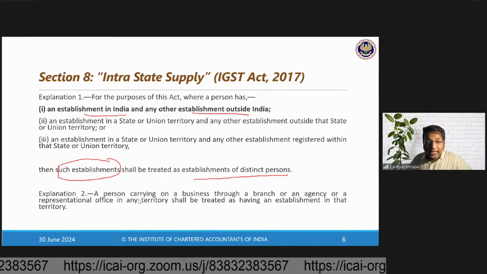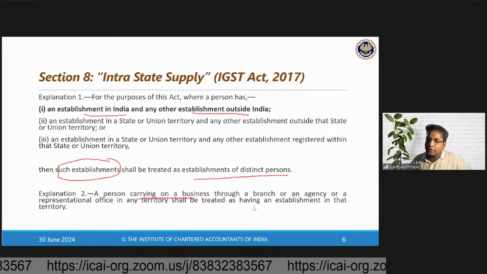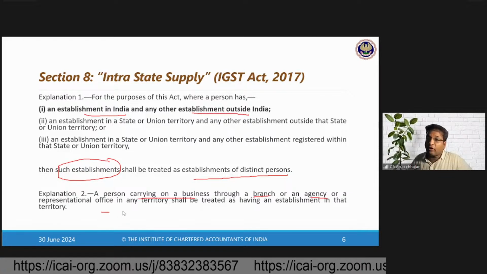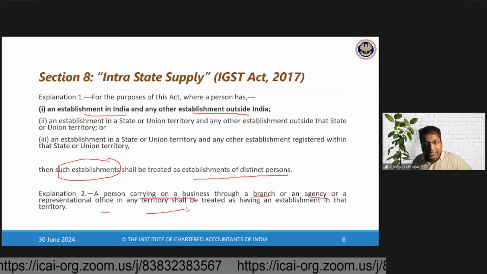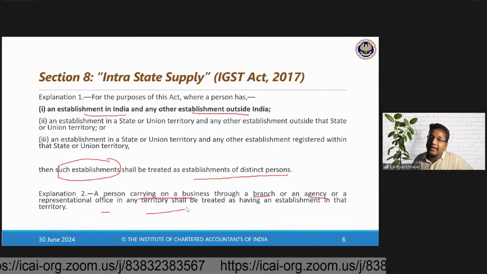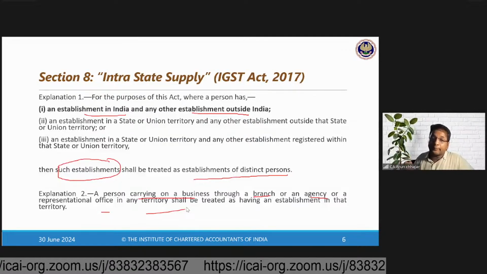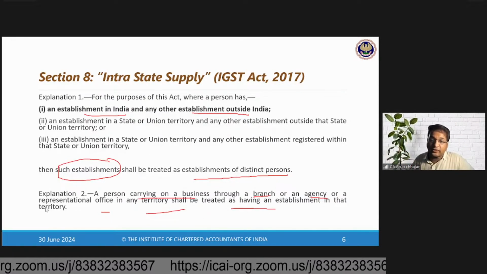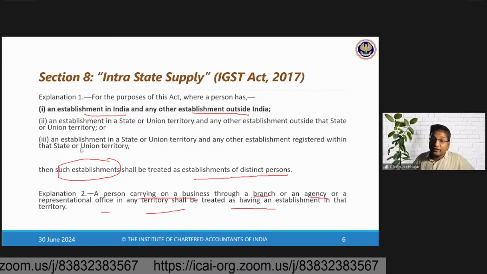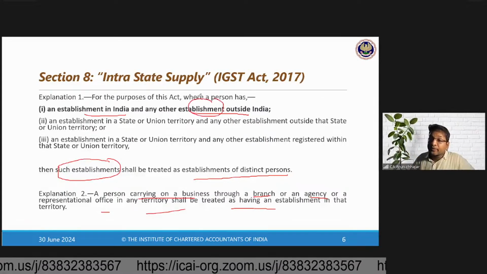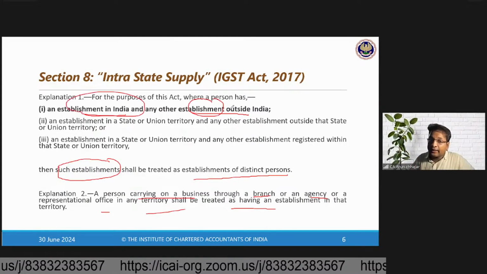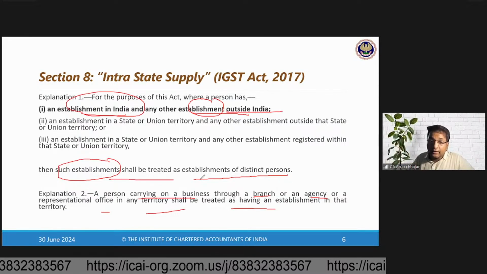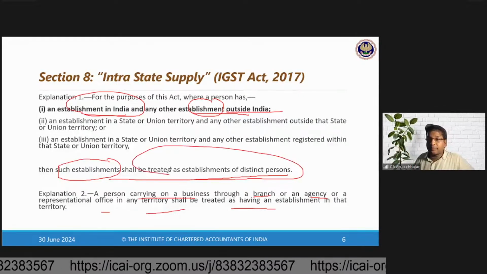Further, they are saying if the person carrying on the business through a branch or agency or a representative office in any territory, in my example, I have given that they have the Indian setup as a branch or agency, then it will be treated as an establishment in that territory. So if they have the establishment in that territory, let's say in India, and any other establishment outside India, then they are the establishments of the distinct person.